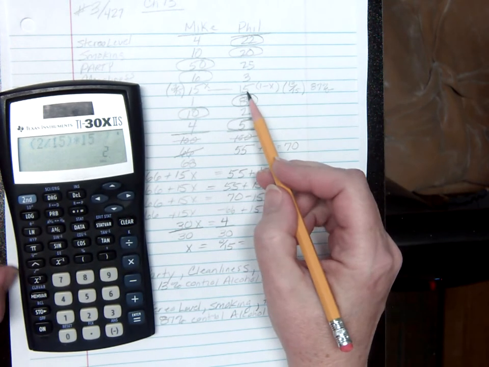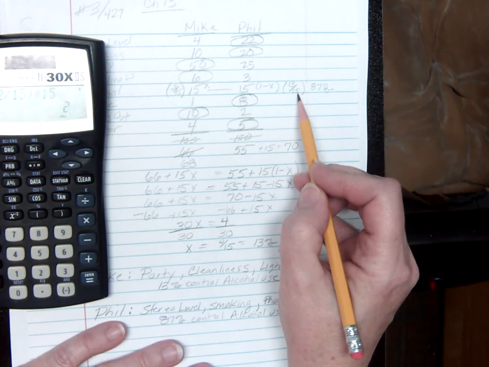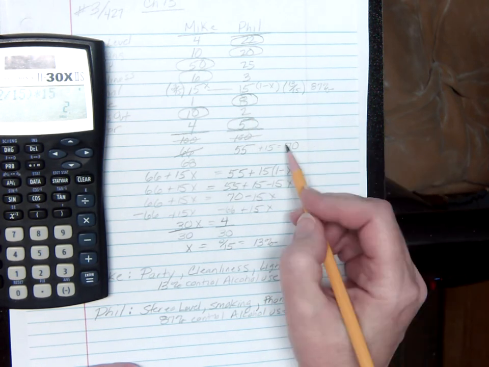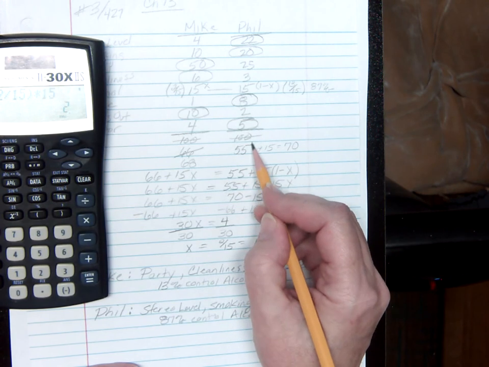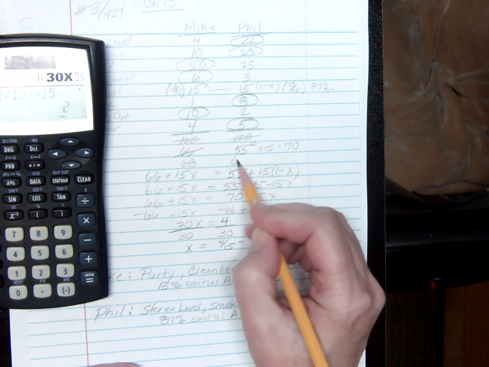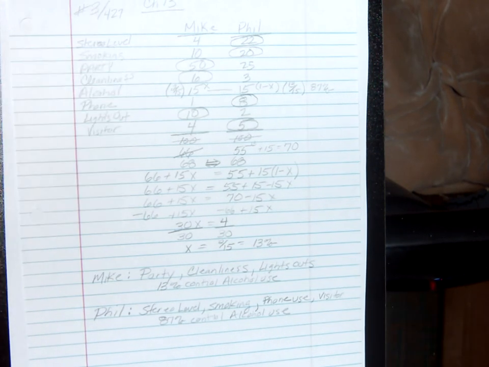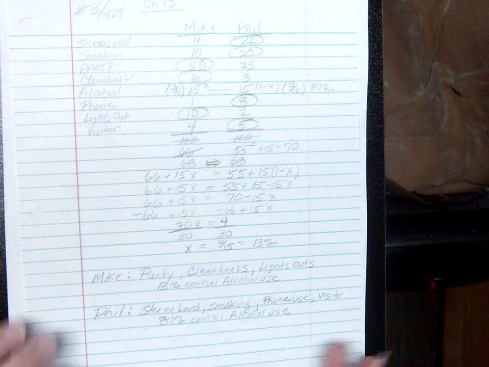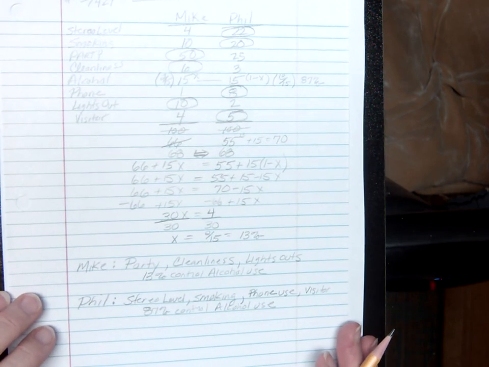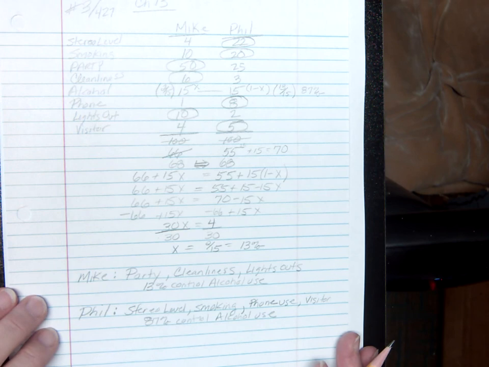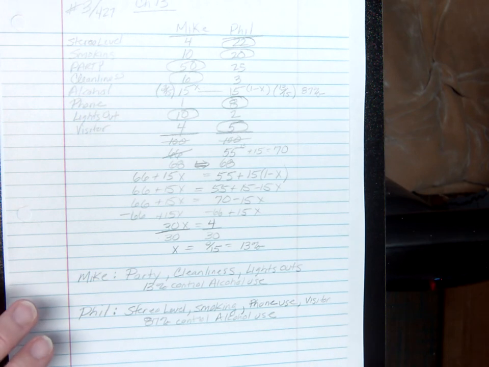Then if I take 15 times 13 15ths, you notice again the 15s will reduce, and you're left with 13. So if I add 13 onto my 55, I also get 68. So these are equal. So it is equitable as far as numbers go. And again, that has no value. It just lets you know that as far as their number choices, they're both getting the same amount according to what's important to them.